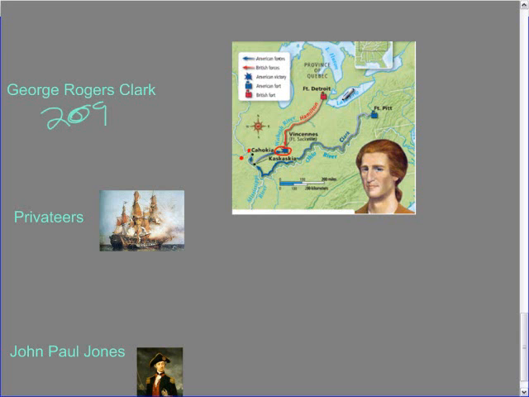Well, in this case, the pizza dough is actually the British soldiers, and the cookie sheet is kind of like the whole war, and the British, or the dough, have to be pushed out over the entire span of the cookie sheet, or war, to fight George Rogers Clark all the way out in the frontier, and then to fight the French, and then to fight the Spanish in other corners of the cookie sheet, or war.